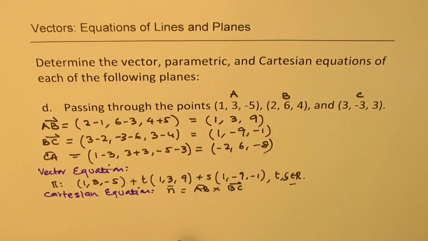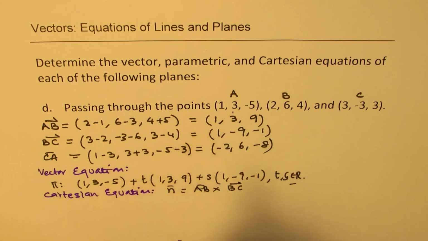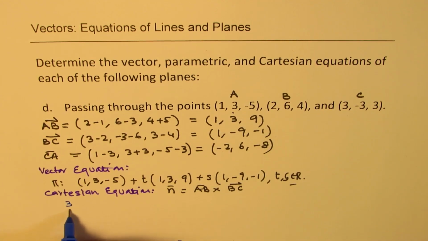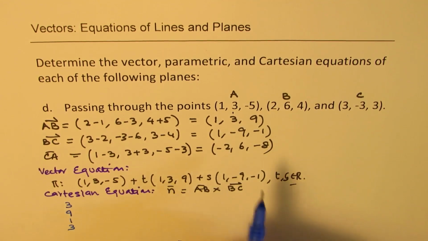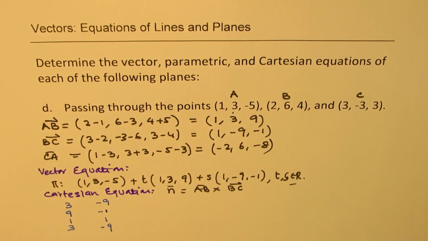We'll do our standard way, which is 1, 3, 9. We'll start with the center. So we write 3, 9, 1, 3. And then we'll write minus 9, minus 1, 1 and minus 9. So you end and begin with the same number, correct?